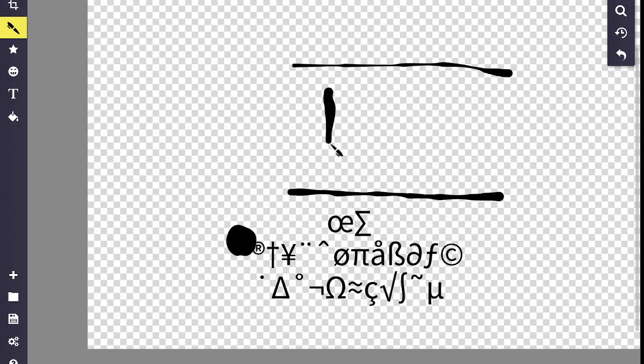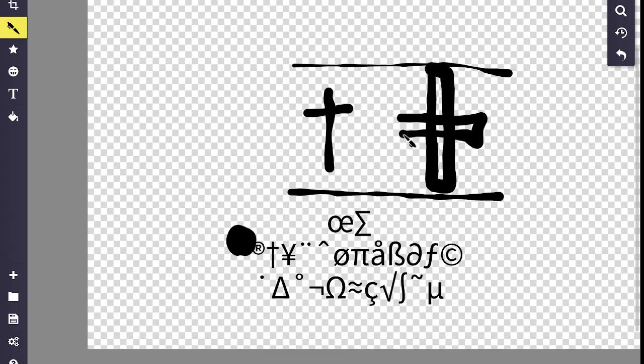Now, the church symbol should be like that.